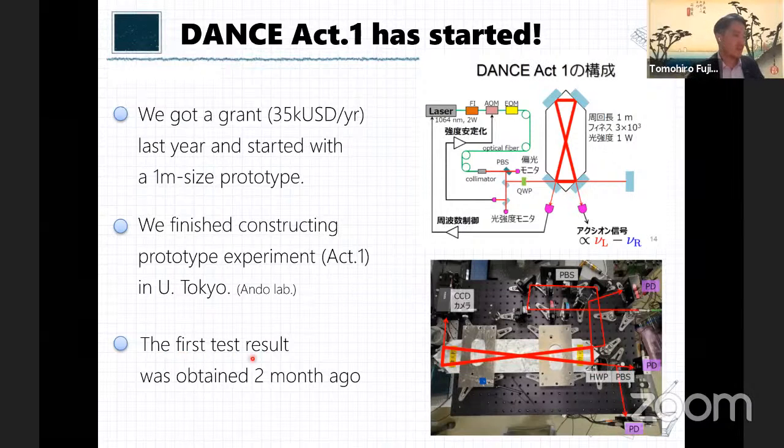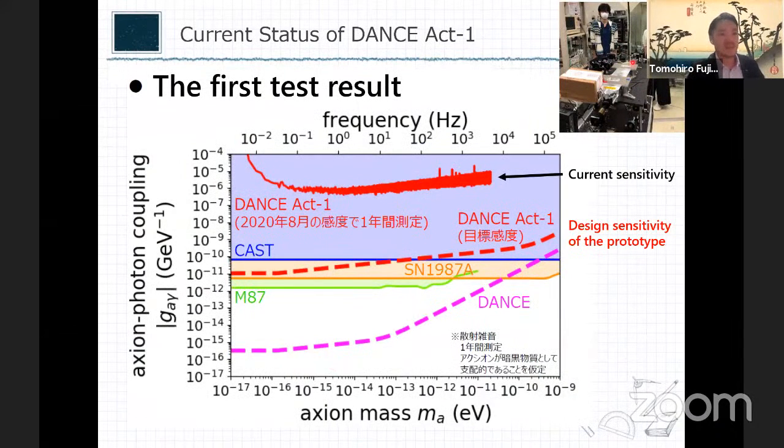The first test result was obtained 2 months ago. You can see the setup here, and these two PhD students are working on this experiment. The first test result is this. Sorry, there are some Japanese words here. I got this slide from a student working on this experiment. The important point is that this red dashed line is the design sensitivity of the prototype experiment.